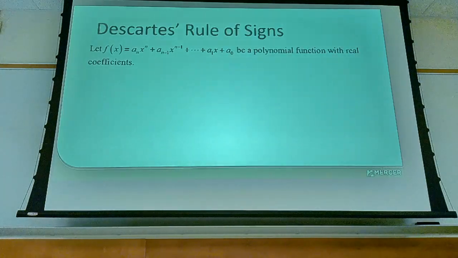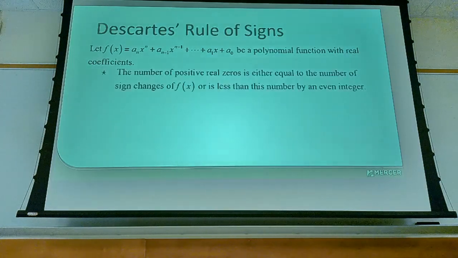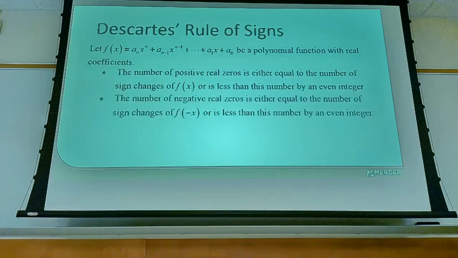So you consider a polynomial with real coefficients. The number of positive real zeros is either equal to the number of sign changes that occur in f of x, or less than this by an even number. The number of negative real zeros is either the number of sign changes in f of negative x, or is less than this by an even number.